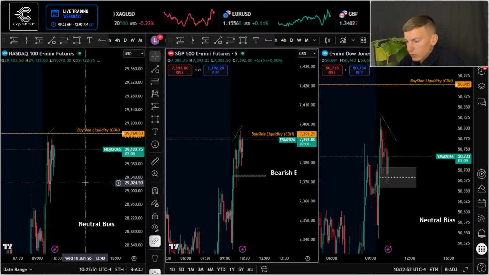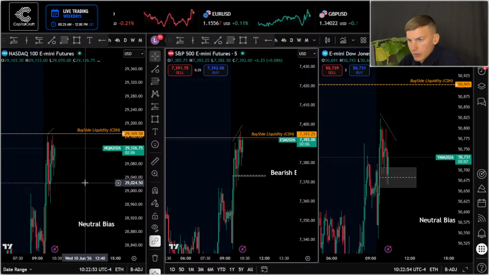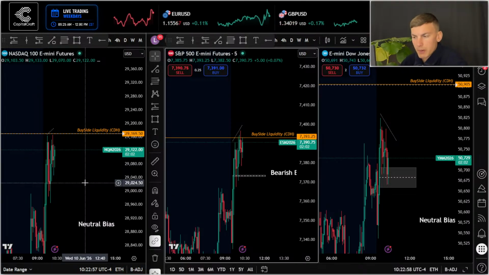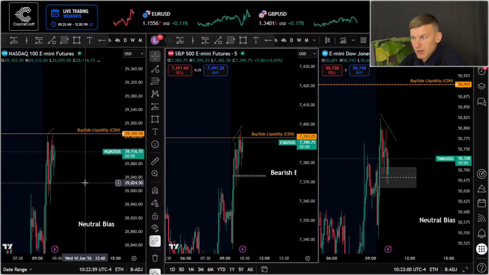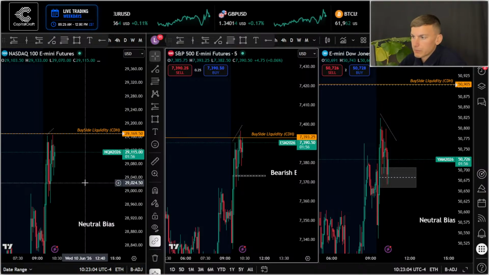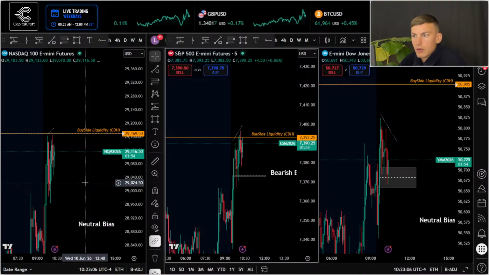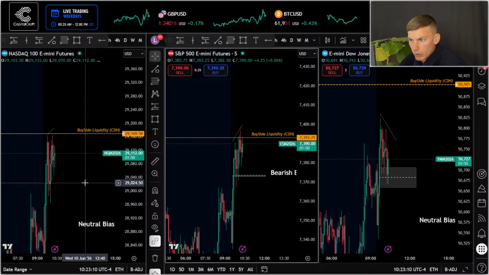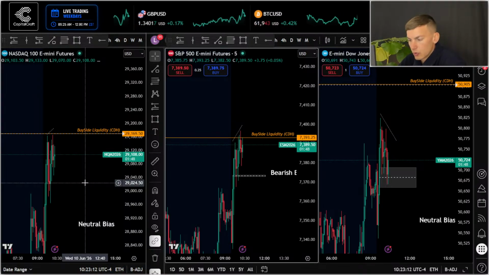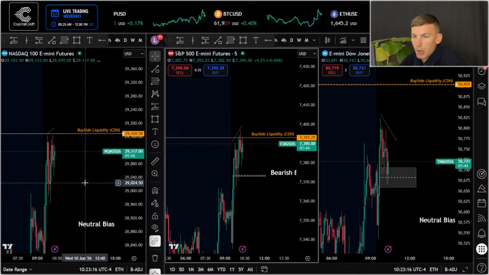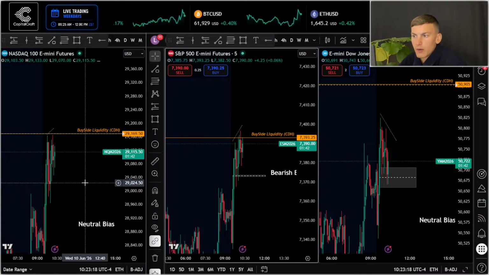I was just saying, which one do we want to enter long in, other than Nasdaq or the S&P? It doesn't really matter either or, because the one is a breaker, one's a mitigation. If either one of them fails, the whole setup essentially fails. So it doesn't actually matter which one you go for. But you do need to look at them as a married couple. They will work together. If institutional order flow is right and you have positioned yourself correctly, then both will essentially work out.